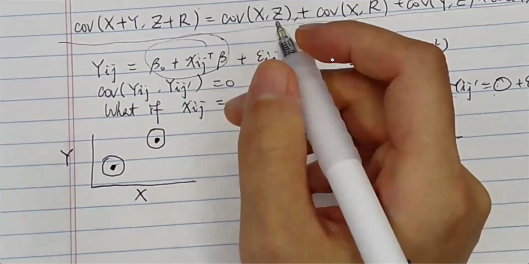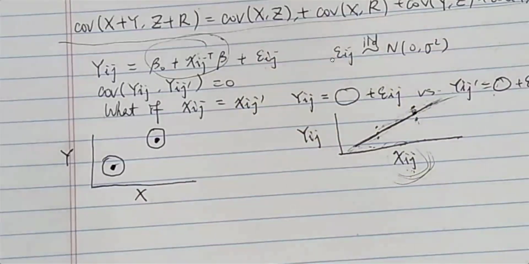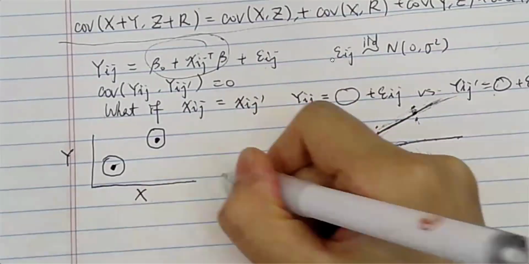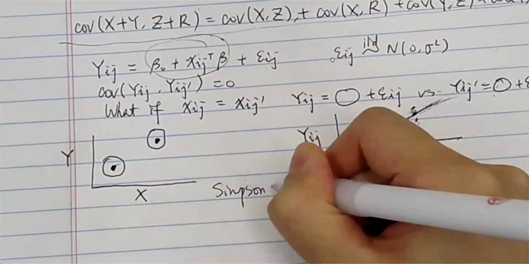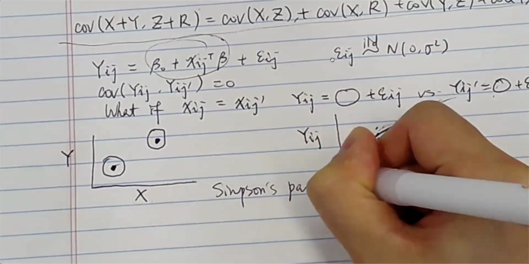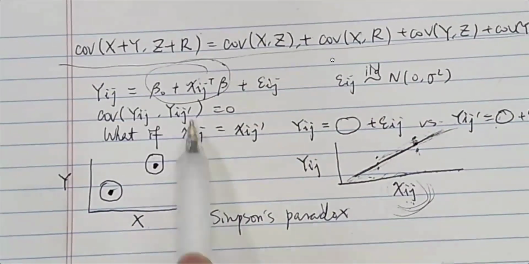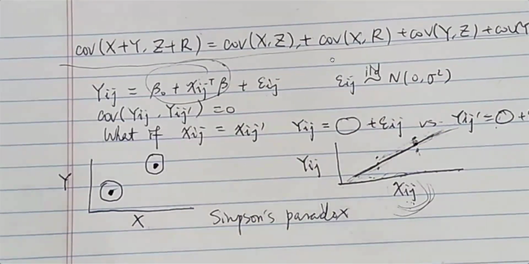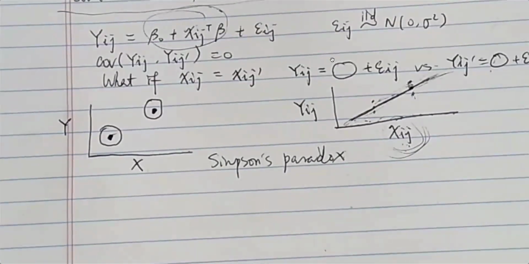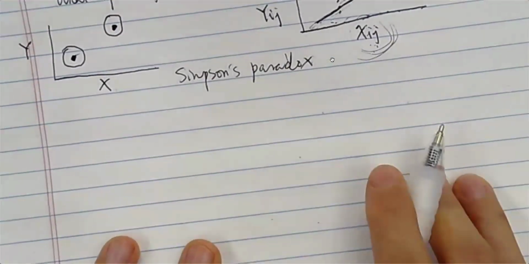Things become independent. That's why this is related to the so-called Simpson's paradox. You can check it. That means when we talk about correlation or dependence, it can be different if we are conditional or unconditional. So all our discussion is conditional on Xij. Treating Xij as fixed is equivalent to saying we think of Xij as conditional. Okay, so this is just a deviation from our major topic.